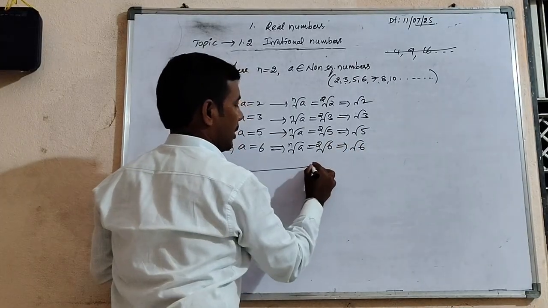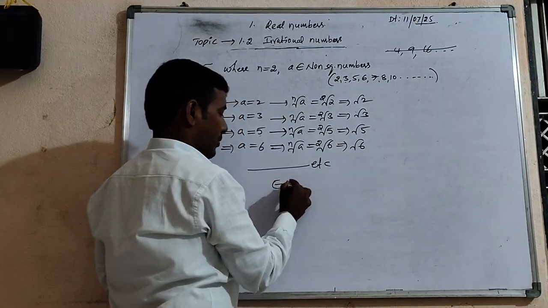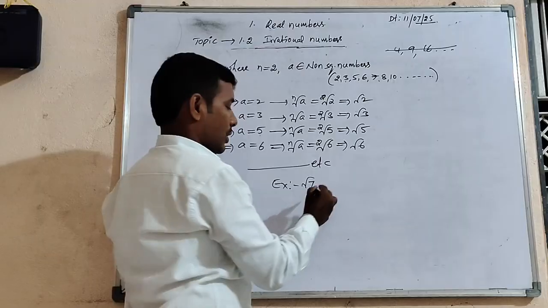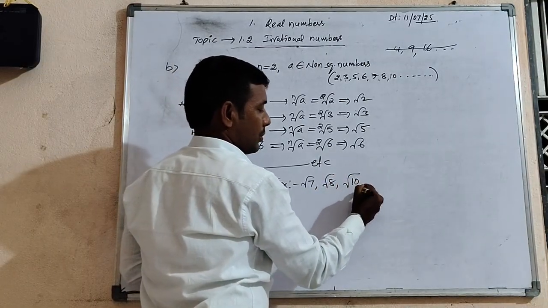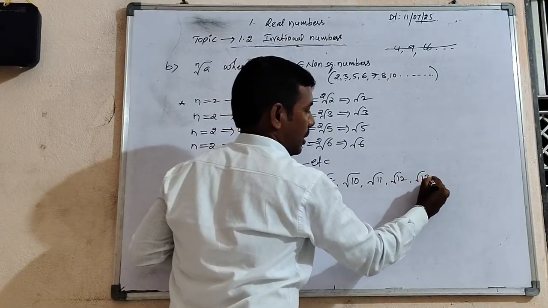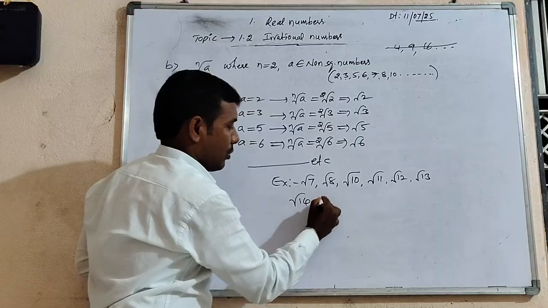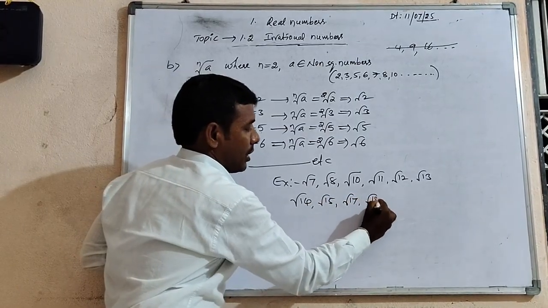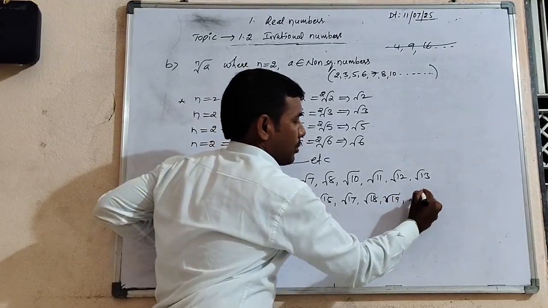In such a way we can get many. For example, in the same manner we can get root 7 also, root 8, root 10, root 11, root 12, root 13, root 14, root 15, square root of 17, square root of 18, square root of 19, square root of 20.